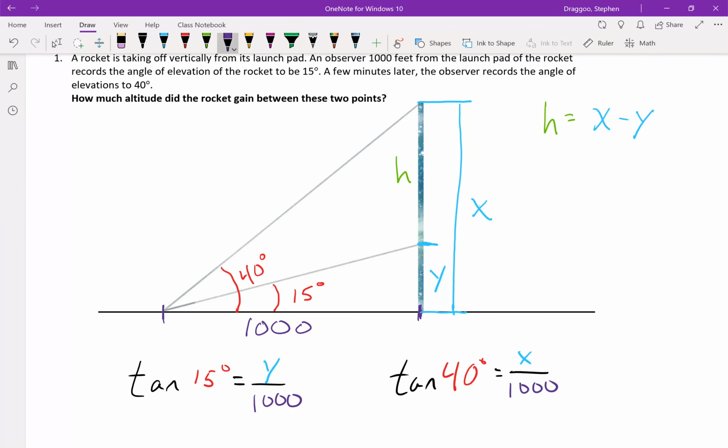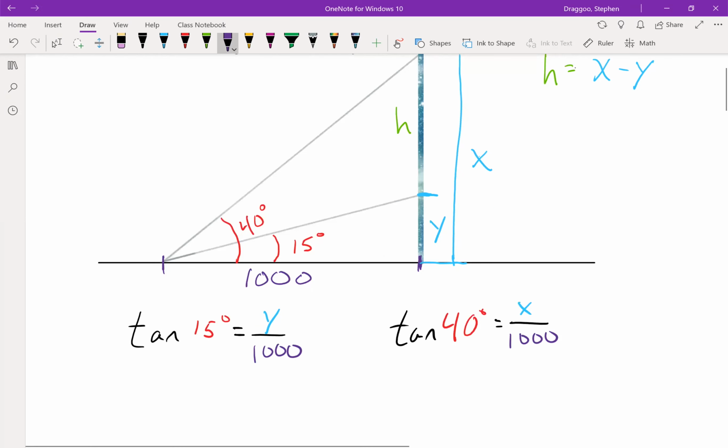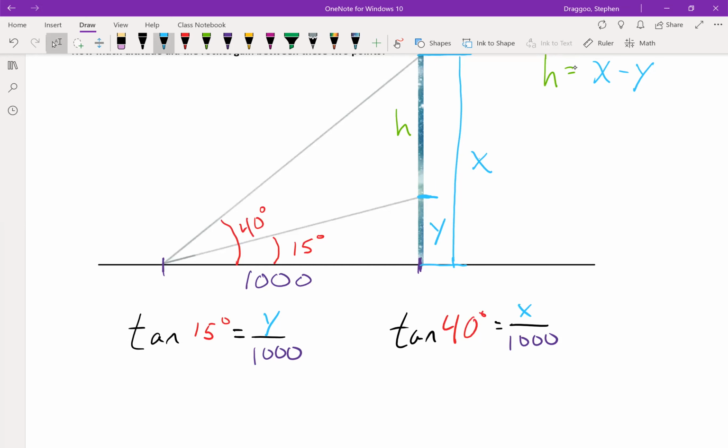Meaning I can then get a value for both x and y. Y should be 1,000 times the tangent of 15 degrees. X should be equal to 1,000 times the tangent of 40 degrees.